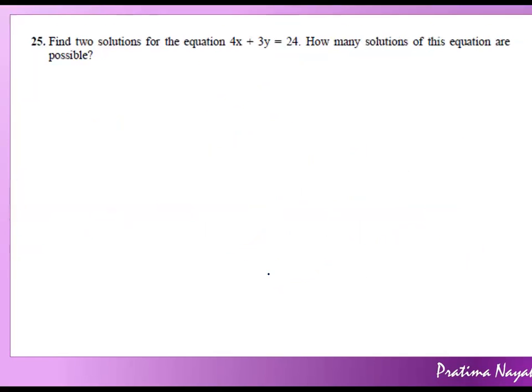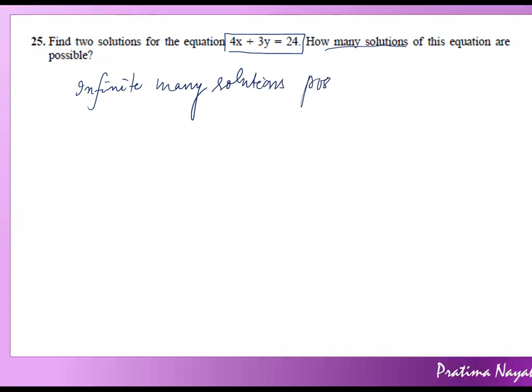Got it. Next, find two solutions of the equation 4x plus 3y is equal to 24. How many solutions are possible? Infinitely many solutions are possible. For a 2 marks question, as I told, be very particular, be very short.